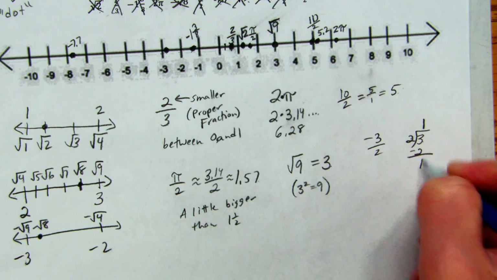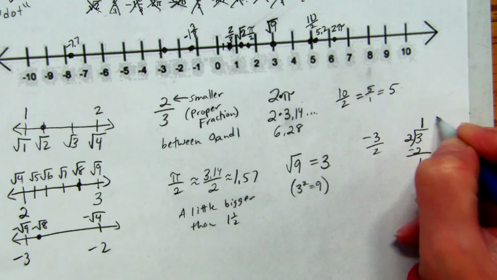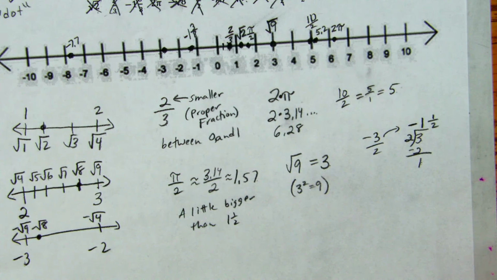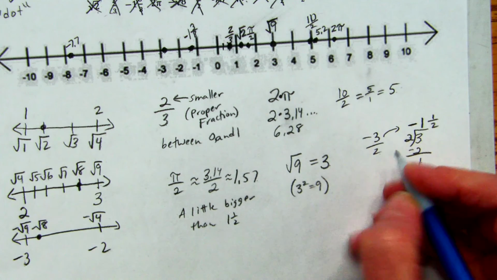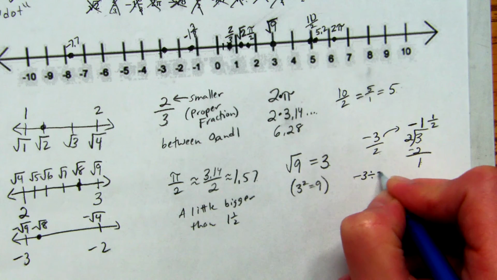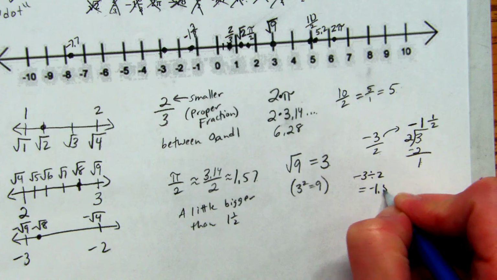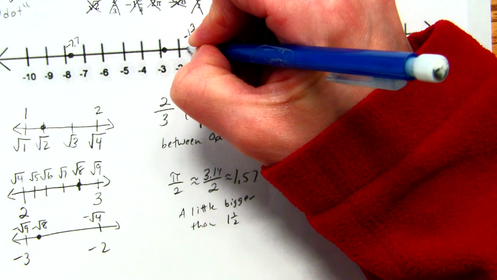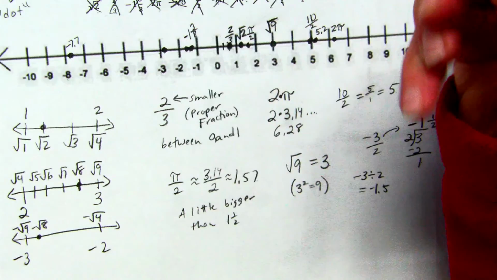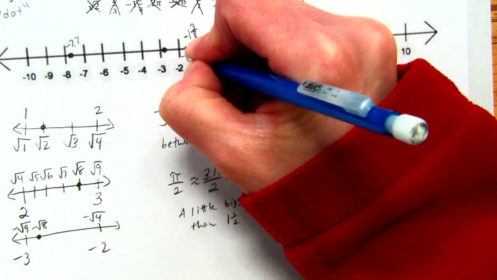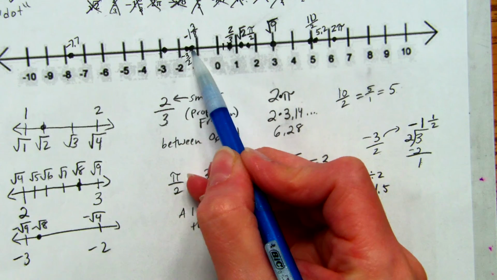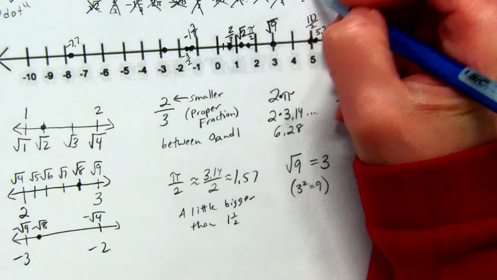Subtract, we get a remainder of 1, which means I have 1/2. So this would be negative 1.5. You could also divide this on your calculator and get negative 1.5. So negative 1.5 would be right here. So that's negative 3 halves. It's almost running into the negative 1 3/8.